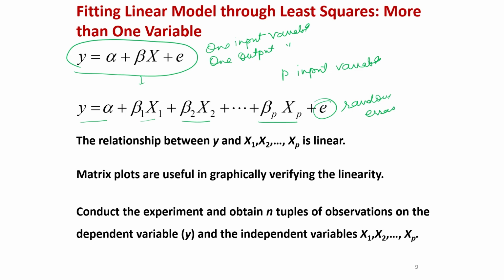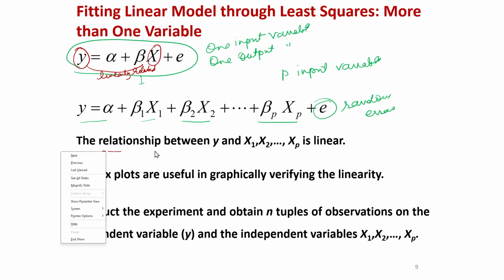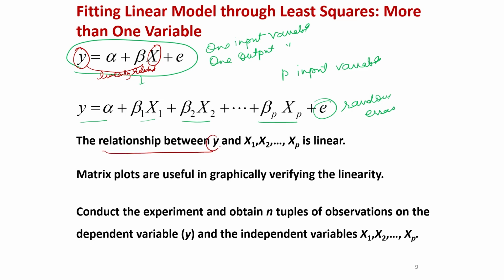Now one basic fundamental assumption: you assumed earlier that y and x are linearly related. Now I am extending this assumption to more than one input variable x1, x2, xp. I assume that the relationship between y and x1, x2, xp, which is a group of variables, is linear.